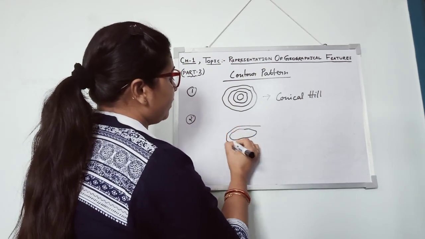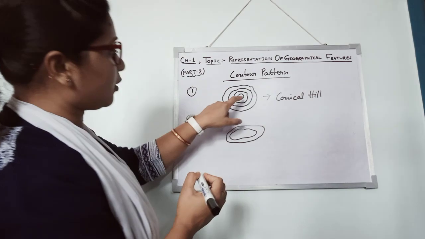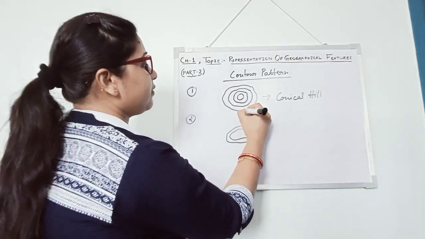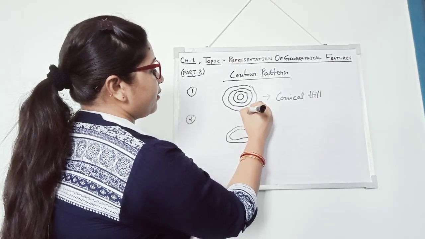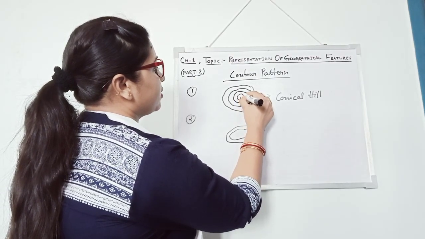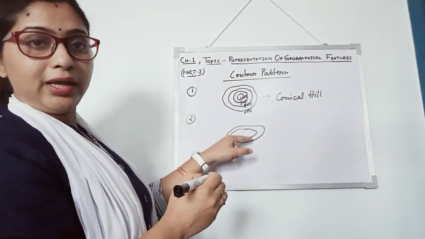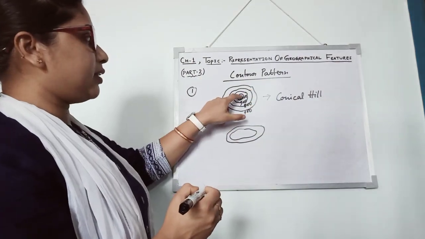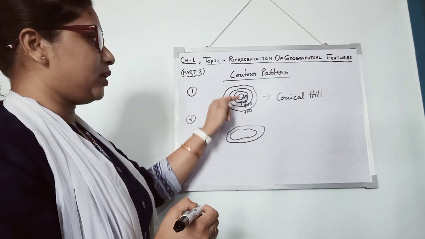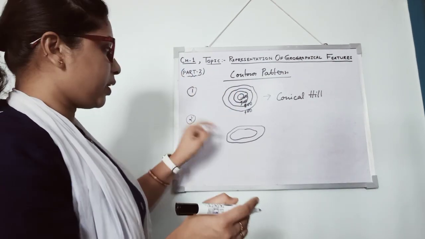In the conical hill you are seeing a near circular pattern, and how it is increasing, see here, like it is 700, then 800, 900, 1000, meaning these are all heights in meters, and in the middle part the height is increasing to 1000 meters and gradually decreasing on the lower side.